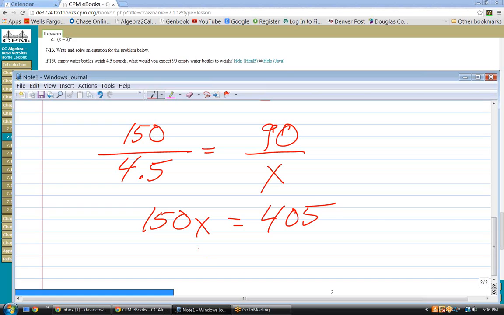Wow, that was good. And then divide that by 150. What do you get? 405 divided by 150. 2.7. There's your answer. So that's what 90 empty water bottles would weigh, 2.7.